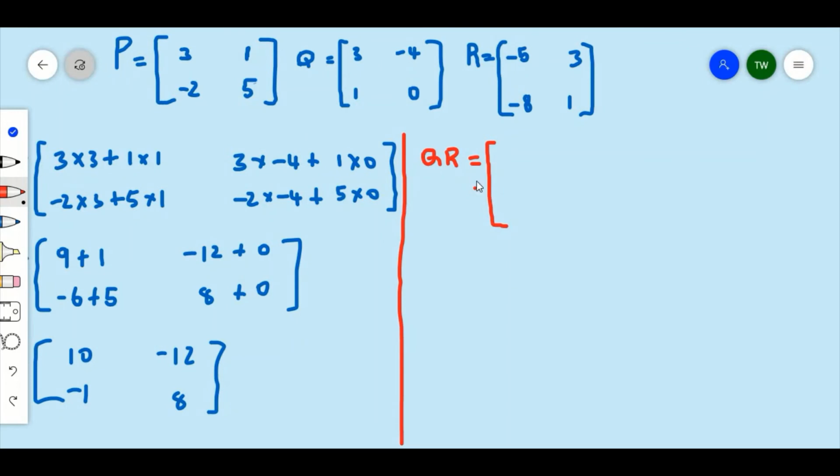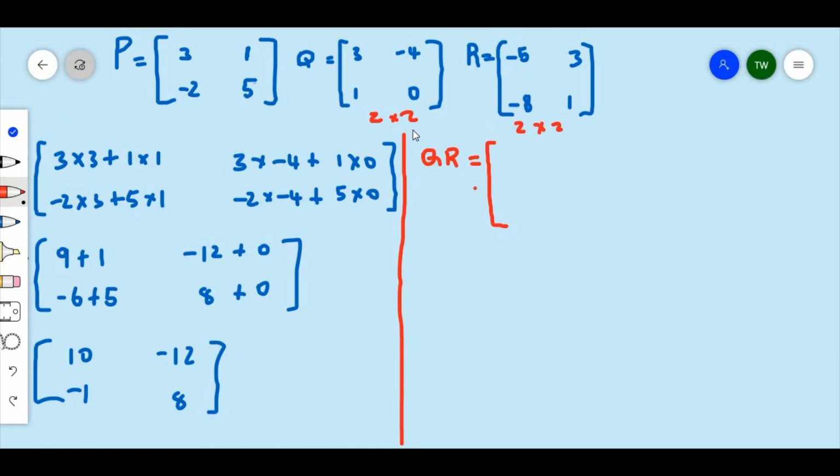So now we're asked to find QR, which means that, note that Q is a 2 by 2 matrix and R is also a 2 by 2 matrix.